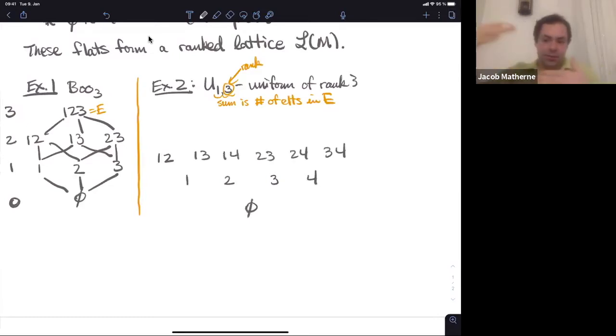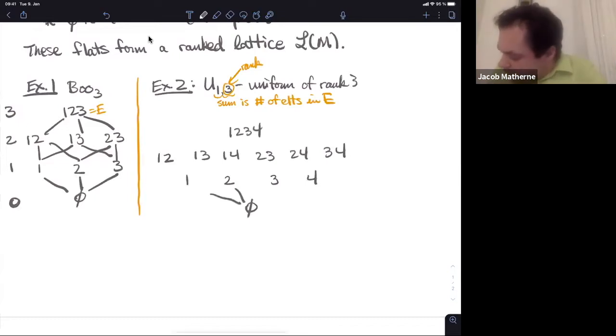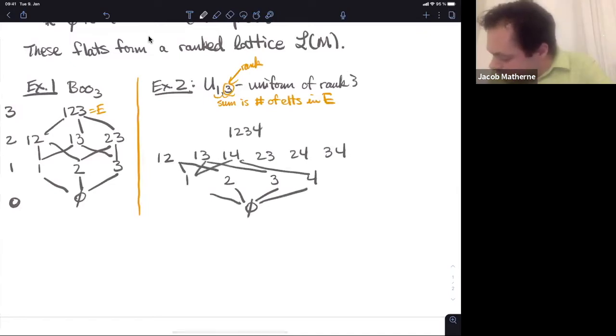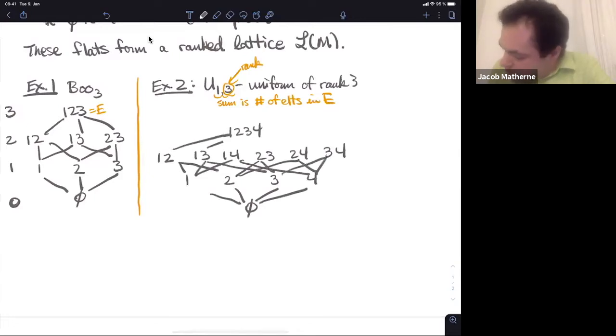And I keep going up until I'm one less than the rank, and then I jump all the way to the top. So there's a jump. I don't have the triples here. And then again, the relation is just containment of subsets, so you can draw all of these in. It gets a little bit cluttered, but here they are.